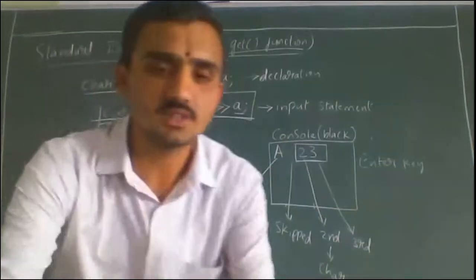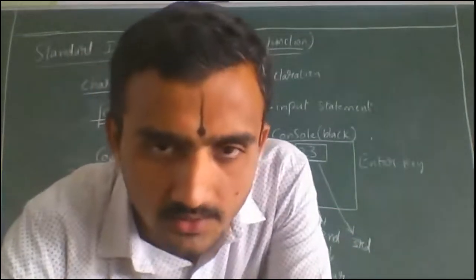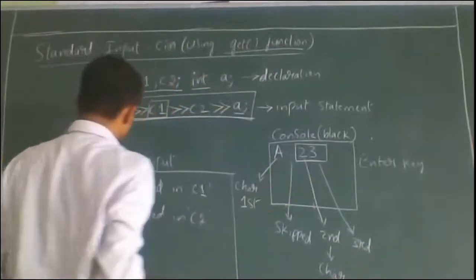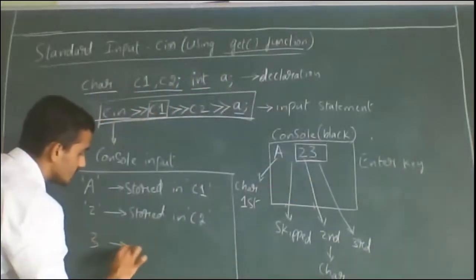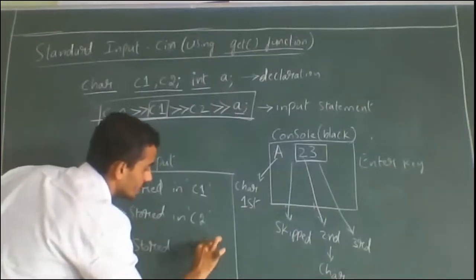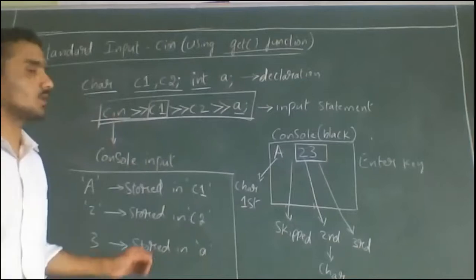Then 3 will be considered as third input, so integer 3 will be stored in variable A. Got it?